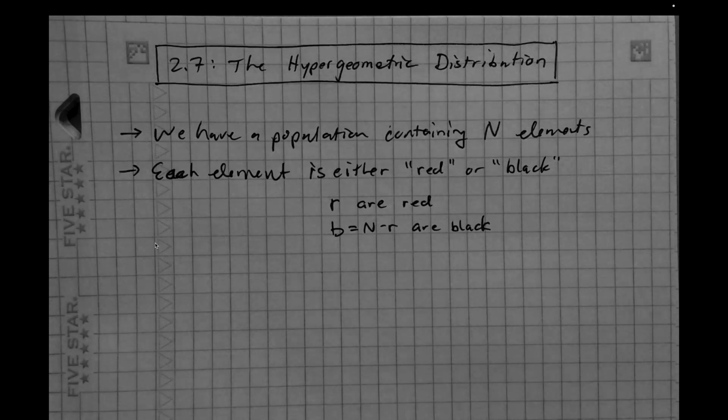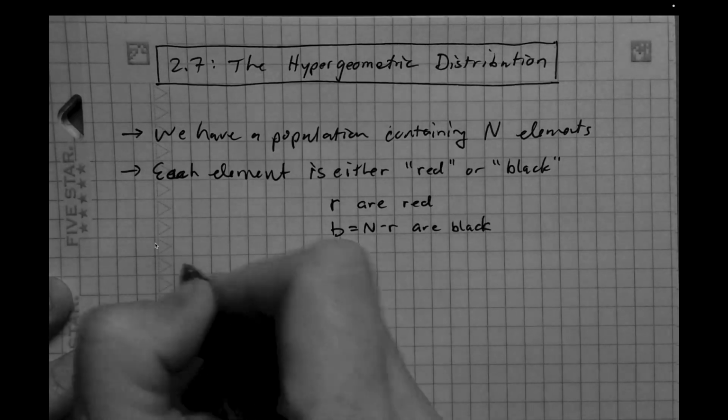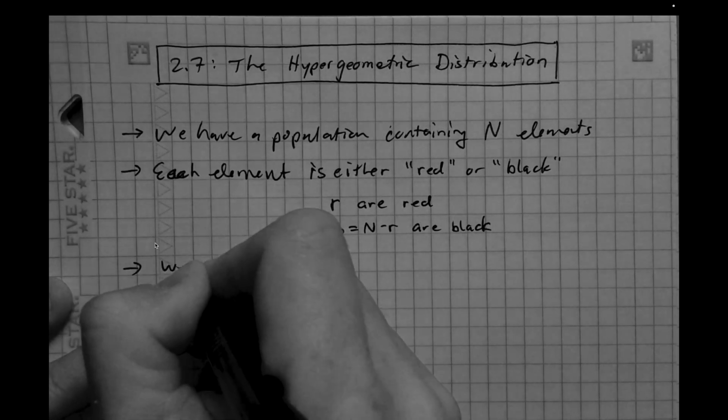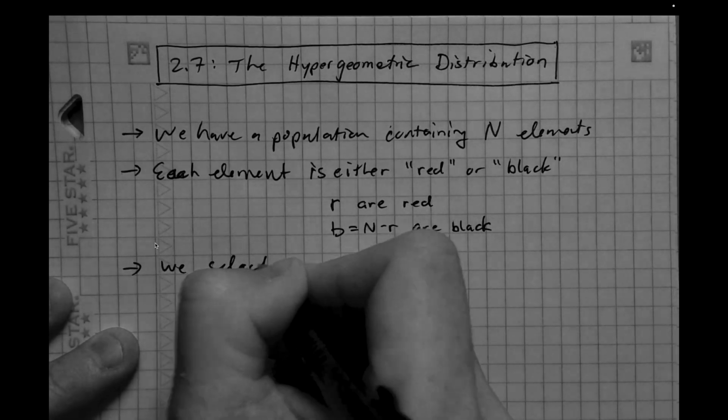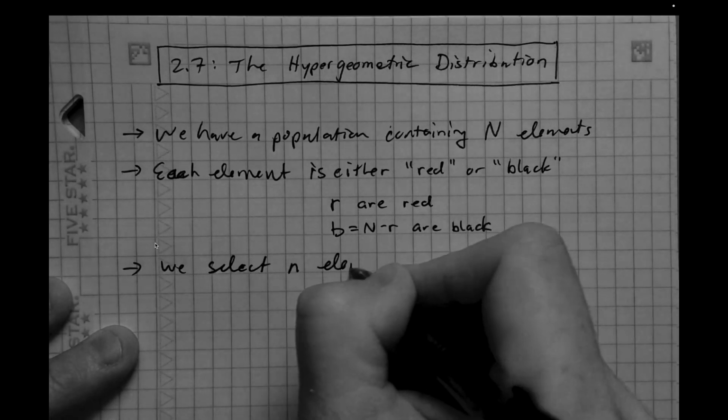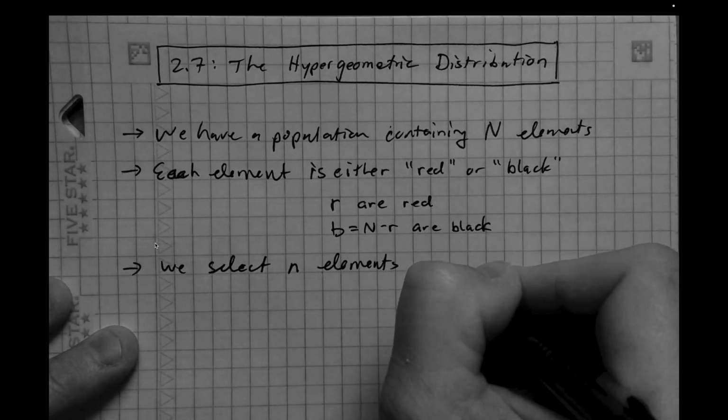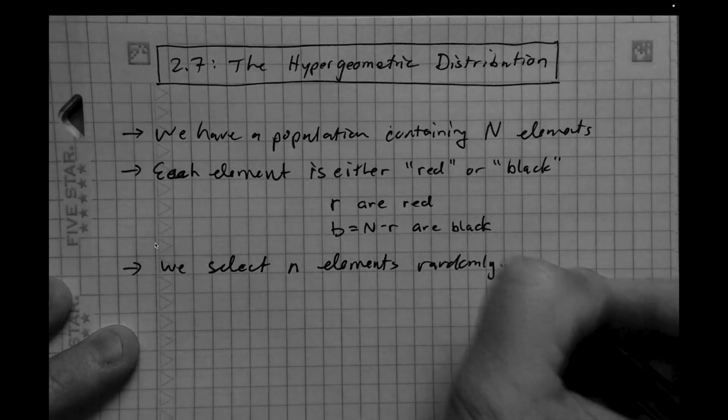Now, the goal here, the experiment, is you're going to reach into this population and select a certain number of elements randomly. We select little n elements randomly.